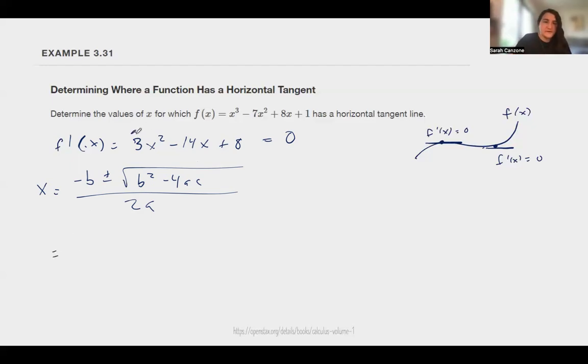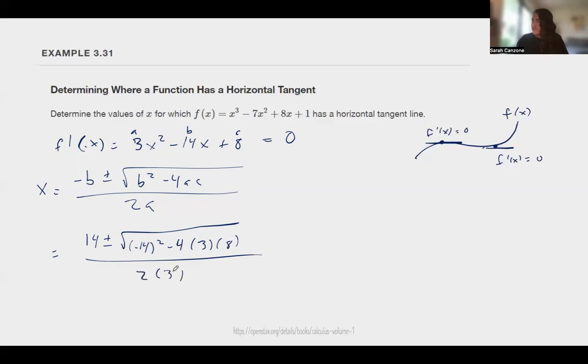And a little reminder, this is a, this is b, and this is c, including the signs before them. So negative b is negative 14, which is a positive 14, plus or minus the square root of negative 14 squared minus 4 times a, which is 3, times c, which is 8, all over 2 times a, which is 3.